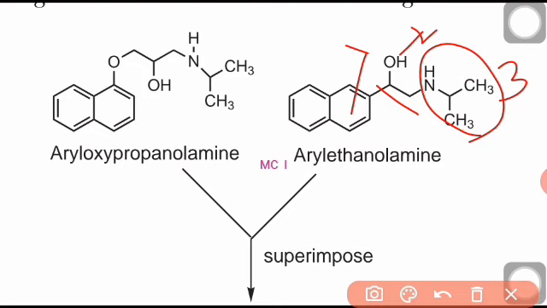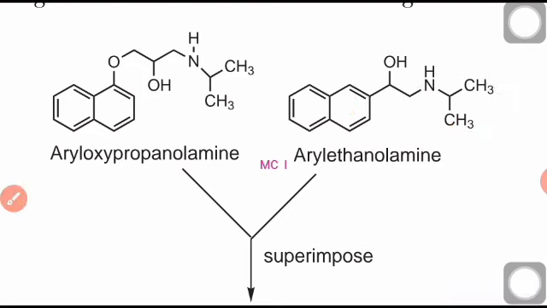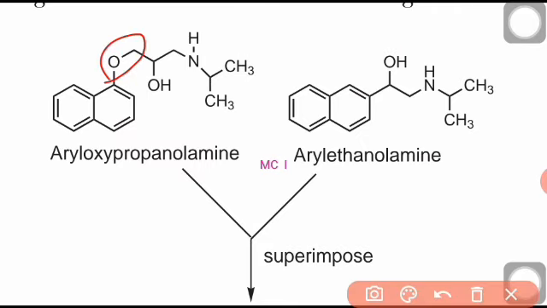So if an OCH2 group is introduced, it becomes propanolamine.